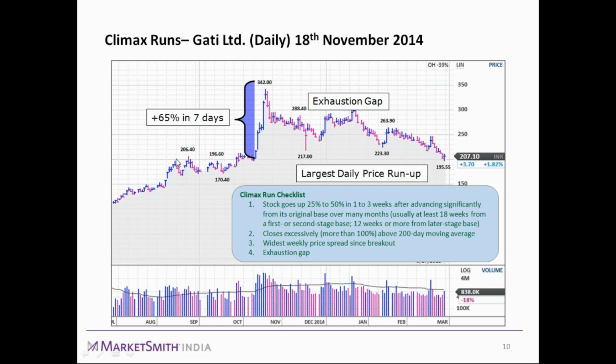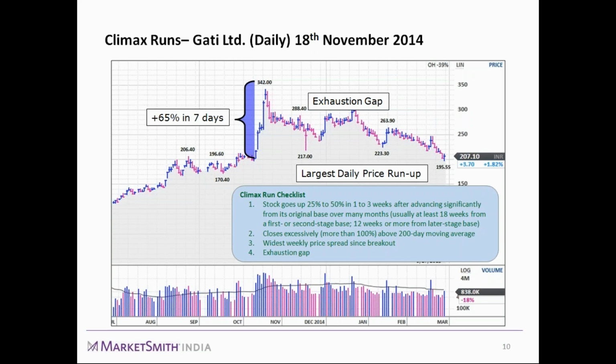Here we are looking at what is called a climax run or an exhaustion gap. The stock has been rallying for some time, but then it goes up 25 to 50% in a span of 1 to 3 weeks.